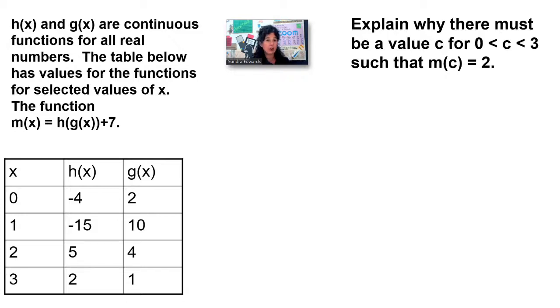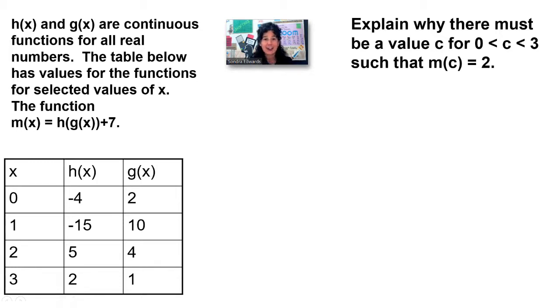Okay, then the table below has values for the functions for selected values of x, and they're defining the function m of x as h composed with g of x, plus 7. We have some values. Explain why, or justify that there must be some value c between 0 and 3, such that when you plug c into the function m, you get out a height of 2. m of c equals 2.